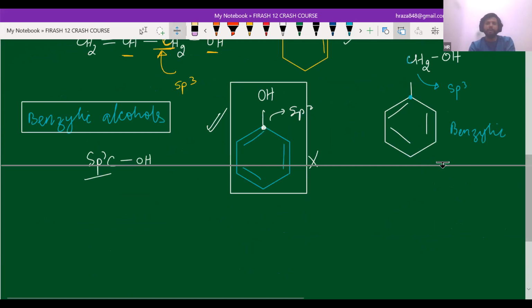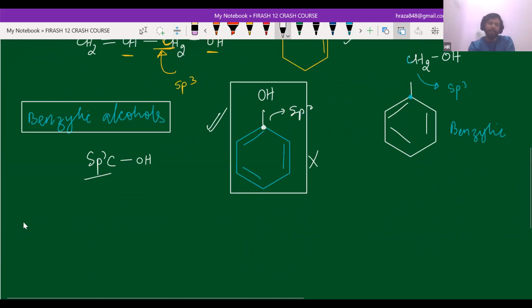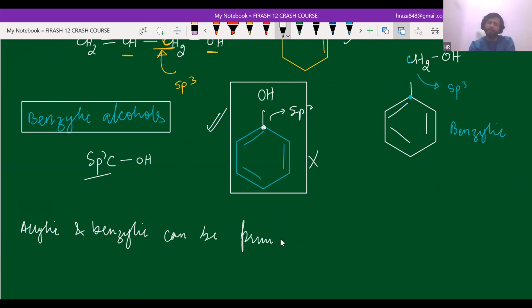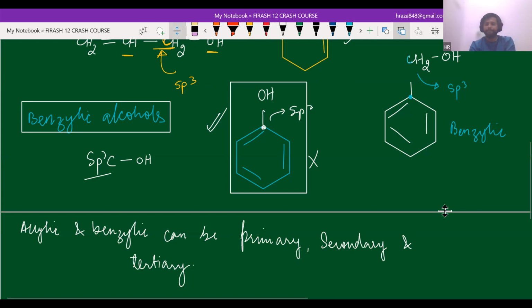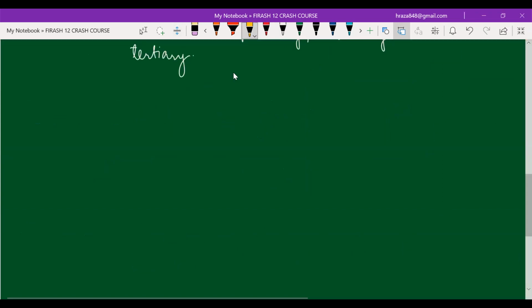Also, it's very important to note that allylic and benzylic alcohols can be primary, secondary, and tertiary. Is that clear? Very good.